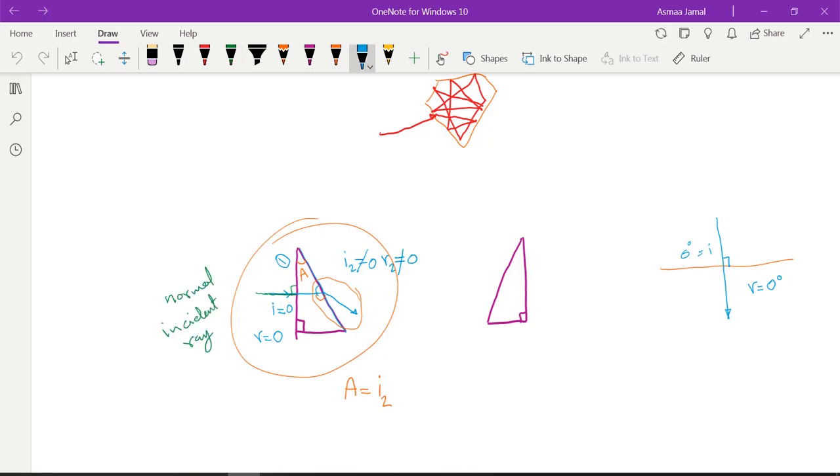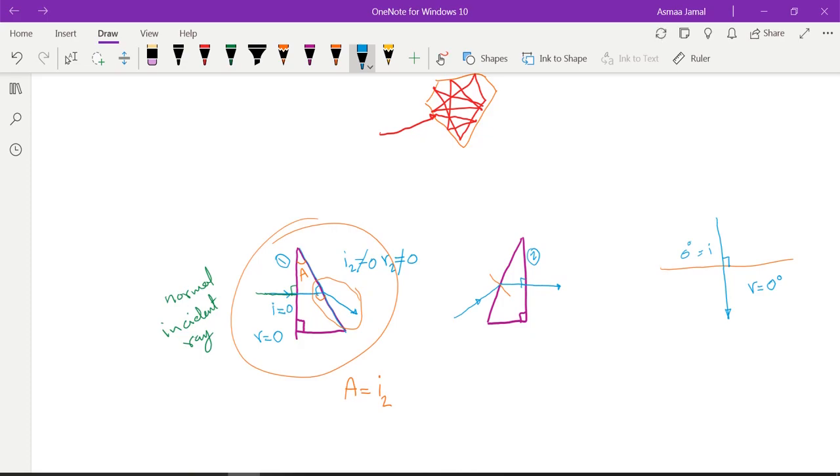In the second case, the incident ray will strike the prism not at a right angle. Here is our normal. So our incident angle does not equal 90 degrees. But since the second surface is flat, that emergent ray will exit the surface at a right angle also, which means it will not refract.